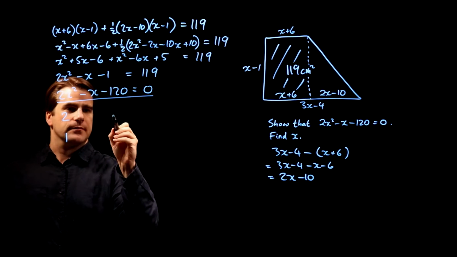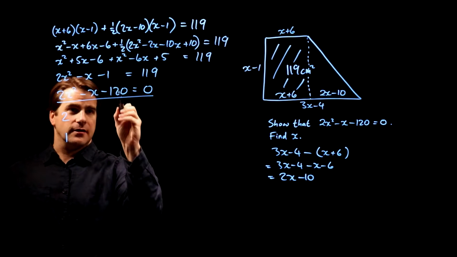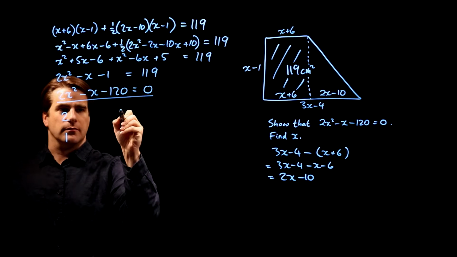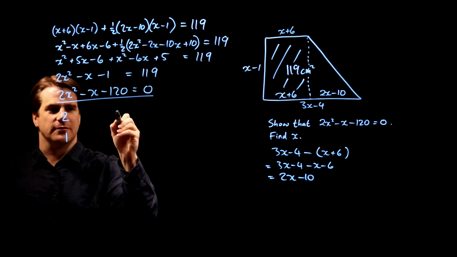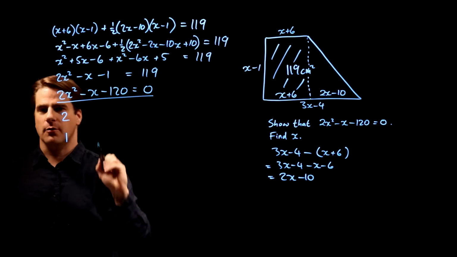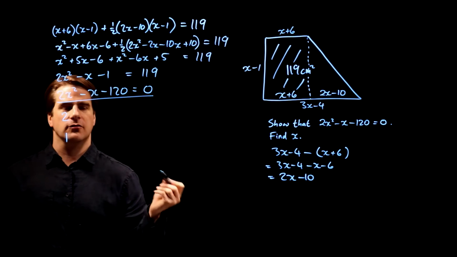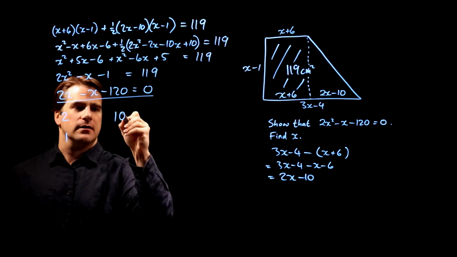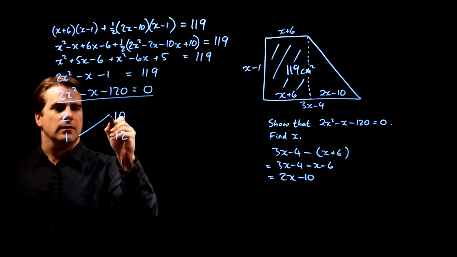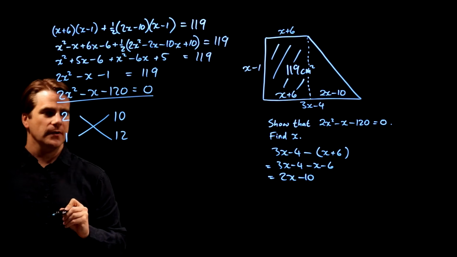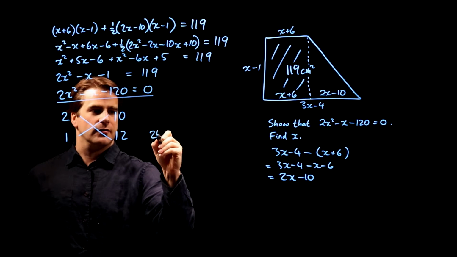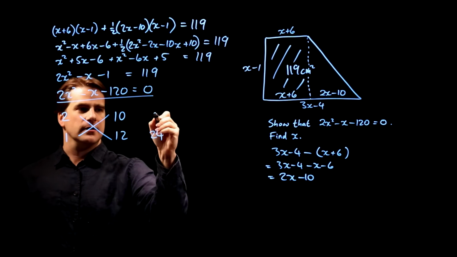And then you write down underneath this number different ways of 2 numbers that when you multiply them together give you that number. Don't worry about the sign. So 120, let's try 10 and 12, because 10 times 12 is 120. Crisscross. And what you do is 2 times 12 is 24, and 1 times 10 is 10.